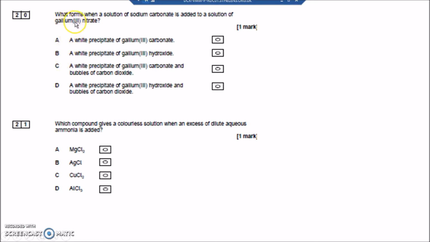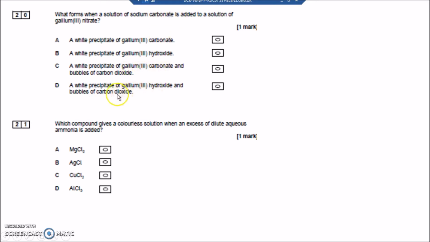Question 20. When a metal is in oxidation state 3+, it's acidic. What it tends to do is withdraw electrons down the bonds of water onto the oxygen and release H+s. So with sodium carbonate, acids make carbon dioxide. So C or D are looking correct. If it breaks down the sodium carbonate to make carbon dioxide, that can't then make gallium carbonate.